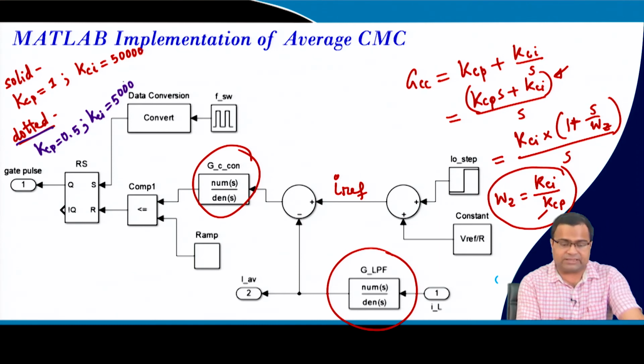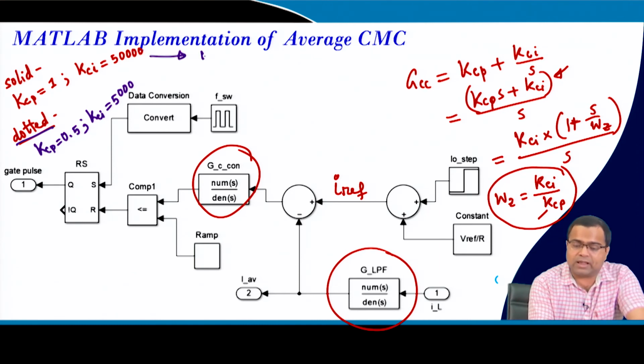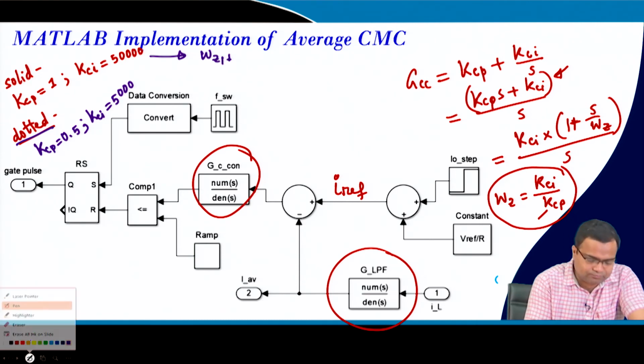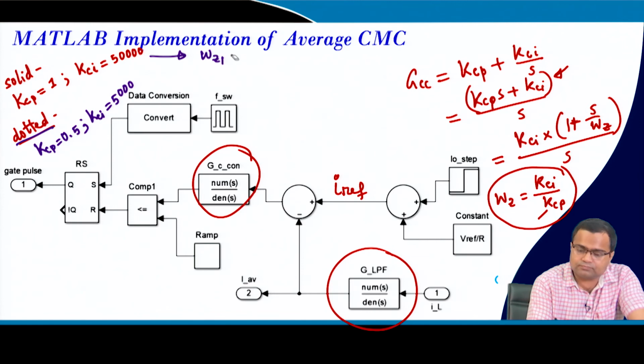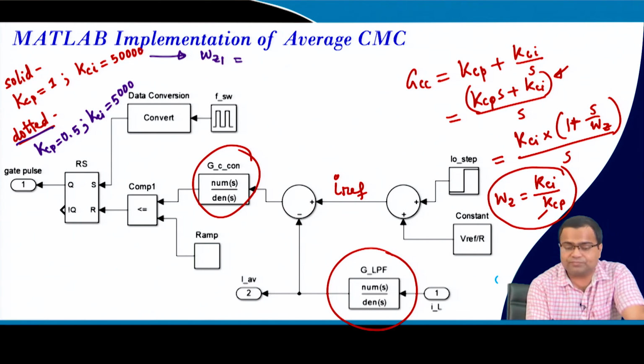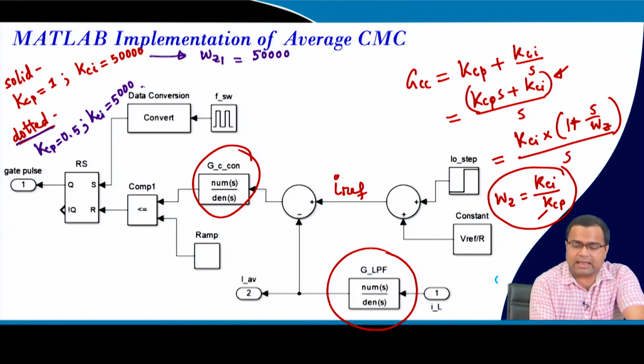That means, if you see omega Z1, which is equal to 50,000 radians per second, and here omega Z2 is simply 10,000.